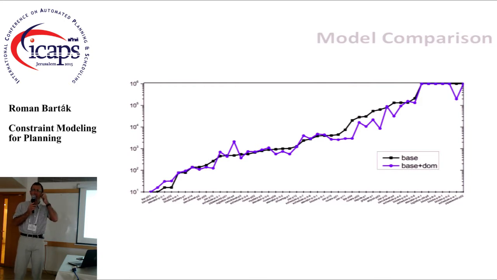So I think the number of nodes will really be larger here, because by adding this constraint we are not adding that much to the constraint propagation. It's not computationally expensive, so I think it's the number of nodes which is the reason for this increase.